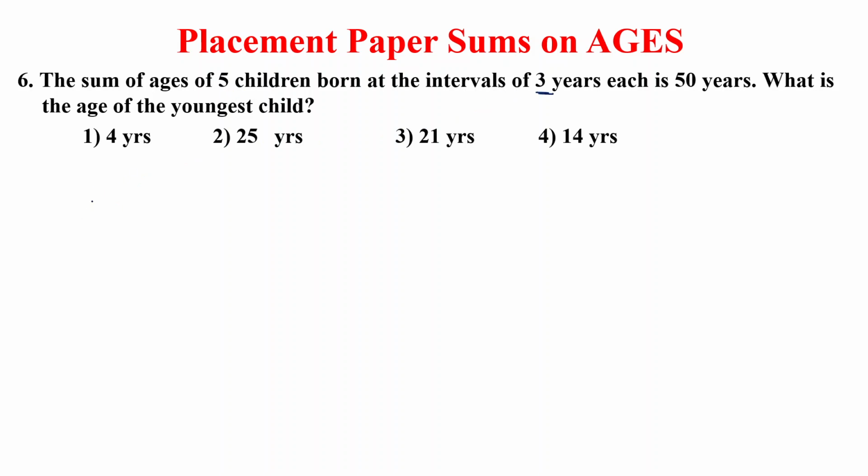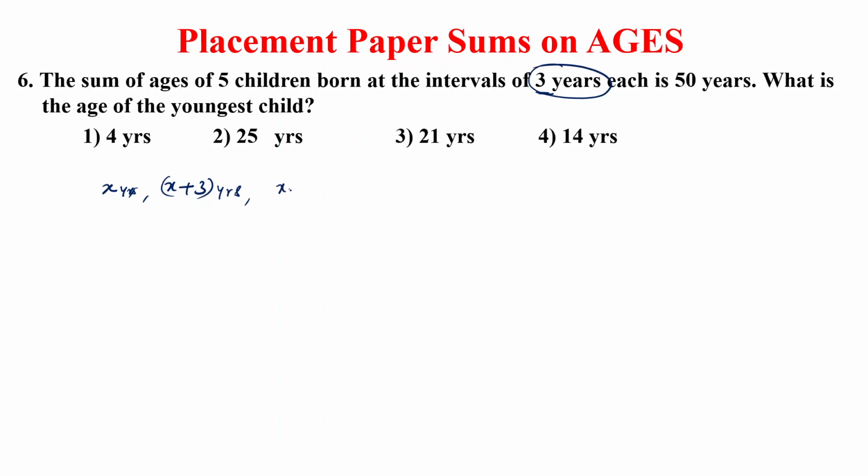Suppose the first child is x years. What will be the age of the second child? x plus 3 years, because they have told us the interval is 3 years.